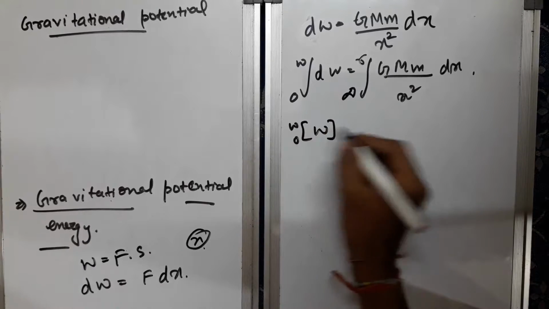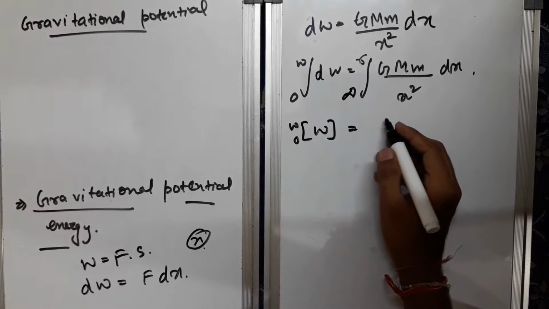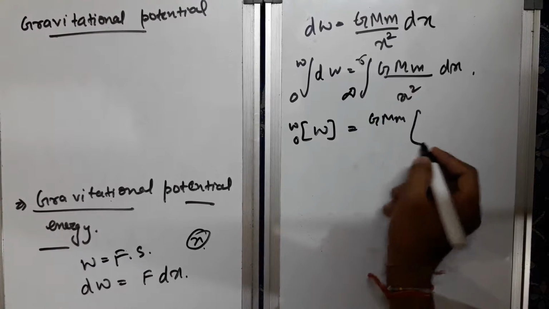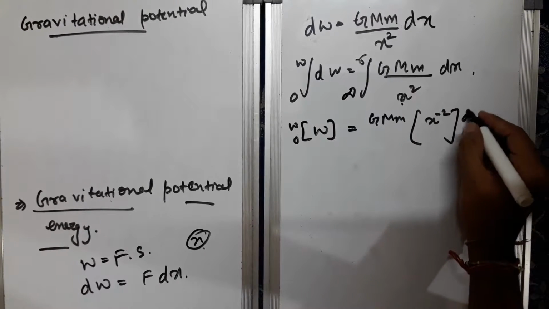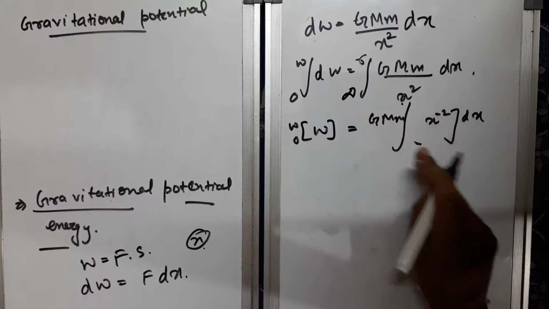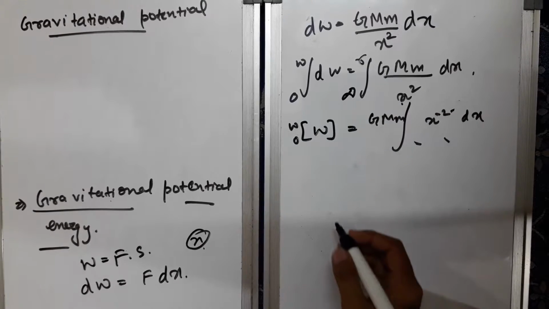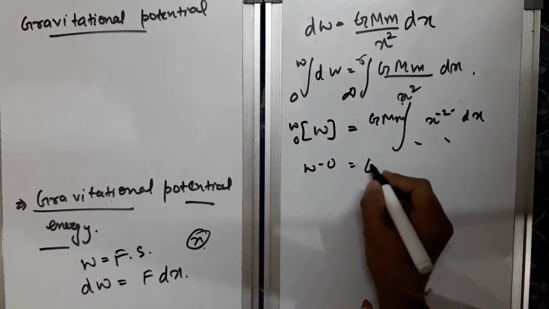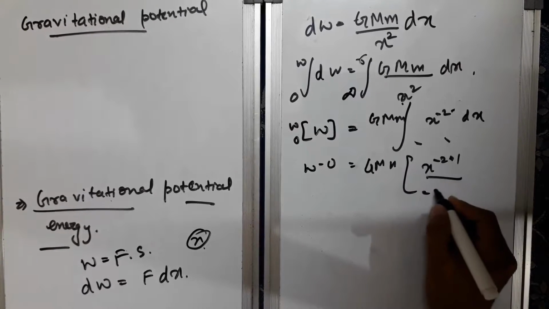Calculating, we get the integral of dW from 0 to W, and we know that mass is constant in gravitation. G is also constant. We take it out, and we can write 1 over x square as x to the power minus 2, dx. We know the formula of integration: x to the power minus 2 plus 1 divided by minus 2 plus 1.